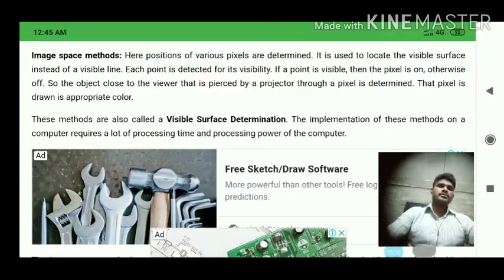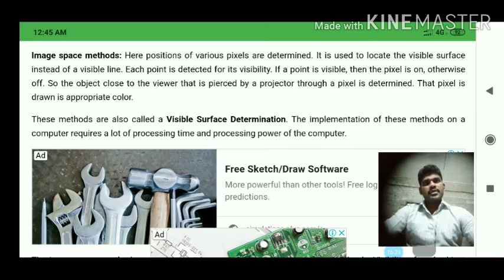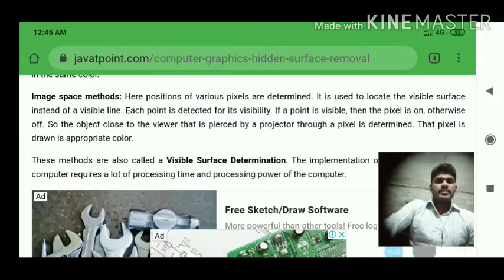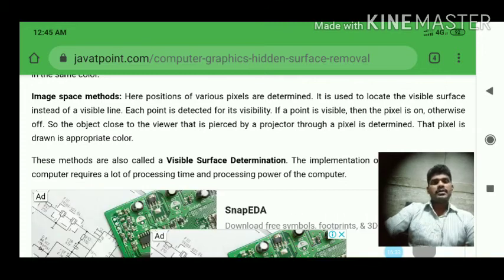These are called visible surface determination methods. Here we are talking about the image space method and the object space method. Object space method is for the physical objects, and image space method is for the screen, pixel based.